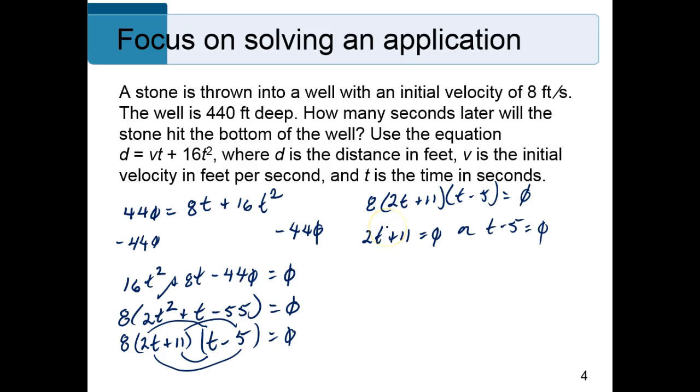So what do we do with the first one? Help me. Subtract 11 from both sides, and that gives you 2t is equal to negative 11, and then divide by 2, and then you get t is equal to negative 11 halves seconds, right?